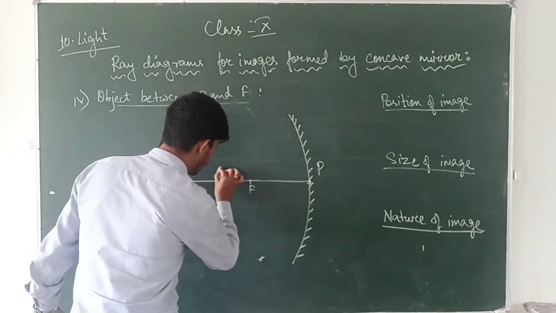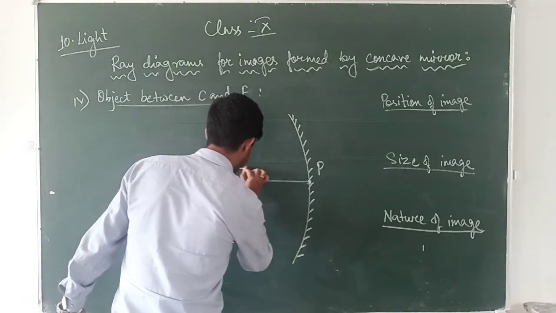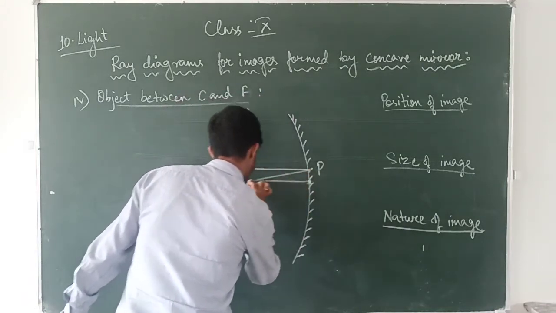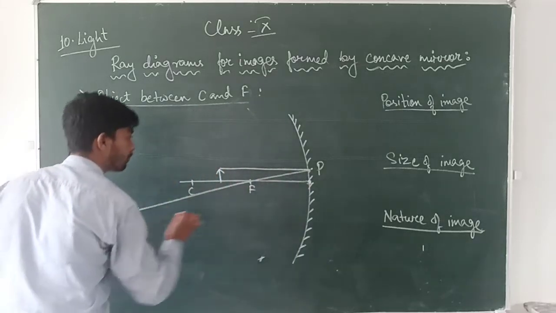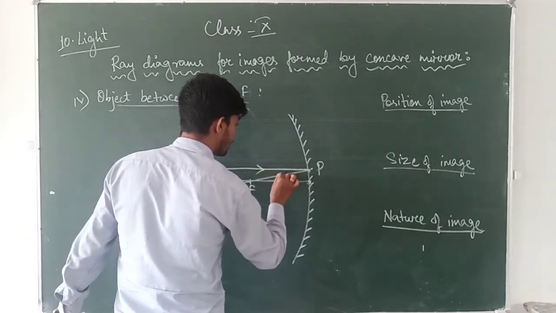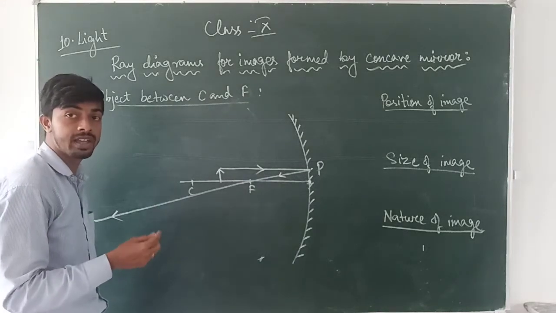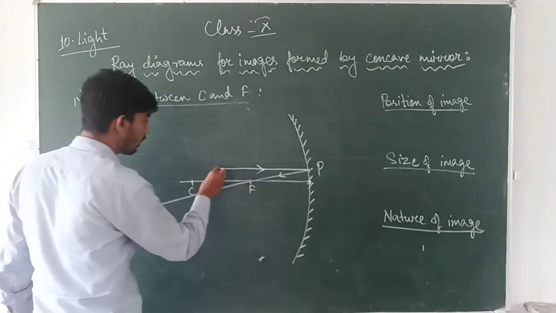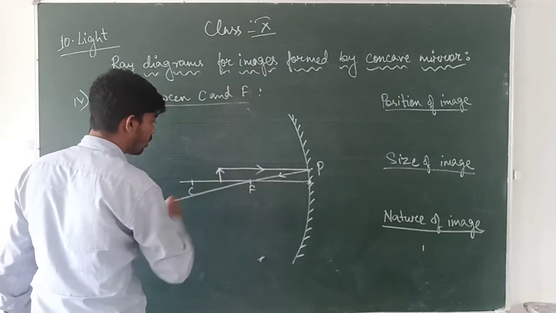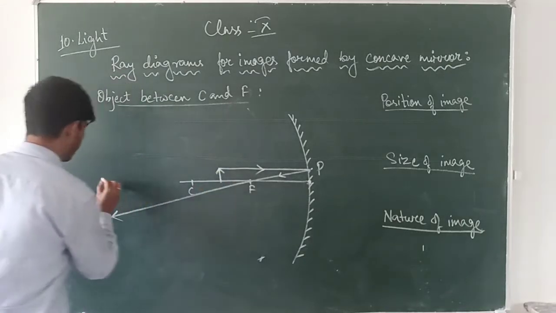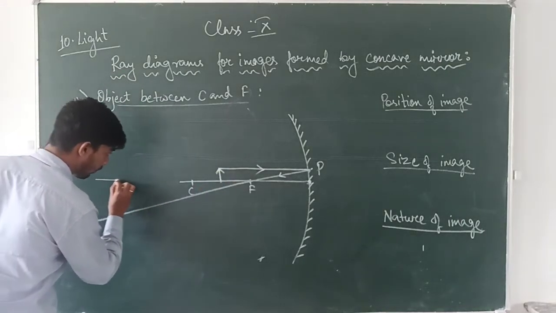So first ray going parallel to the principal axis will pass through the focus. These arrowheads are important to show where the rays are going. Second ray should go to center of curvature.